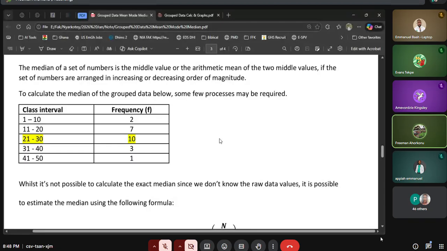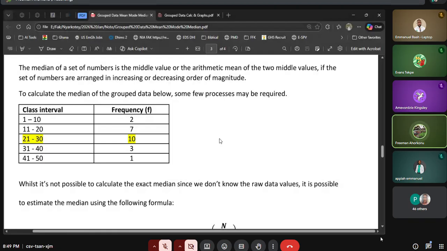I repeat that statement. First, we are looking for the median class, or the class that contains the median. As for the mode, it was easy. We only said the class that has the highest frequency is the modal class. Now, we are talking about the median.